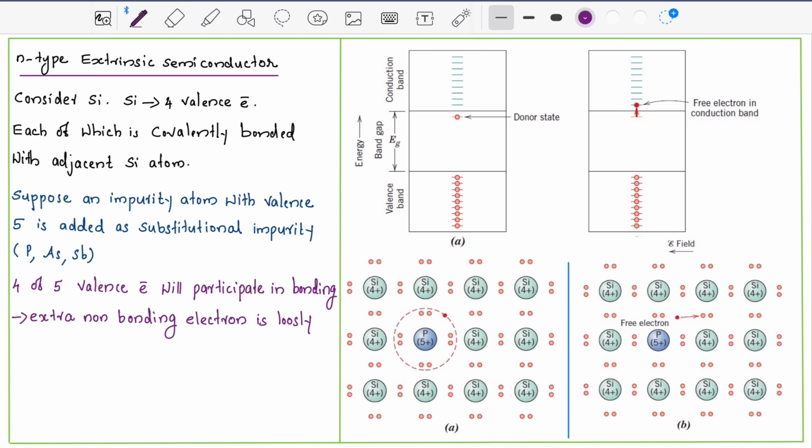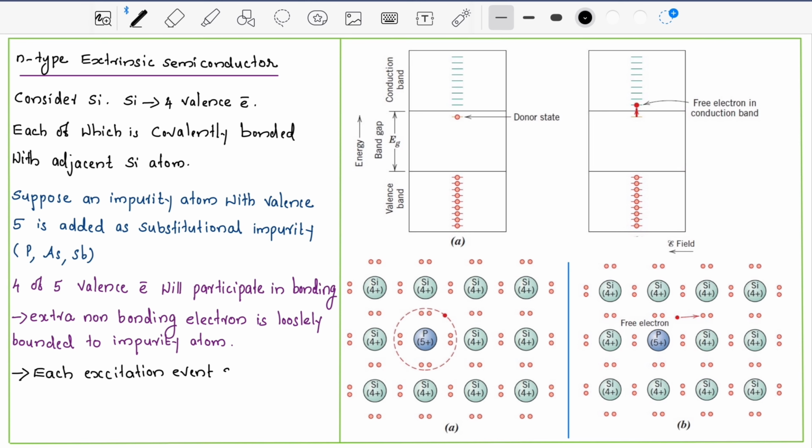There is one extra non-bonding electron which is actually loosely bound with the impurity atom, like this one. That is, we have a donor state which contains an electron and from where the electron can be excited into the conduction band.